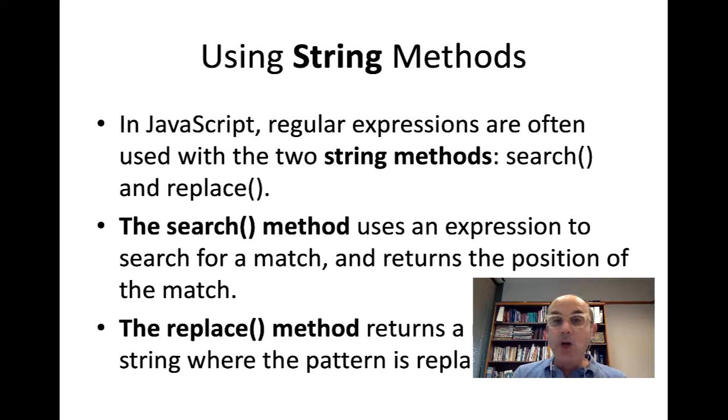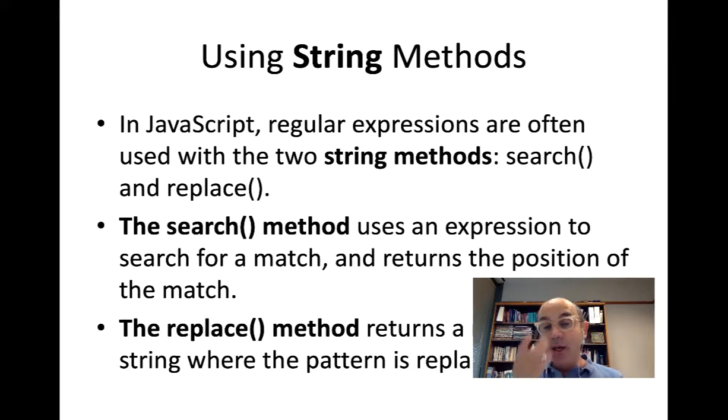So when we are using string methods, usually we are talking about regular expressions, and they are often used with two types of methods: search and replace. The search method uses an expression to search for a match and returns the position of the match.